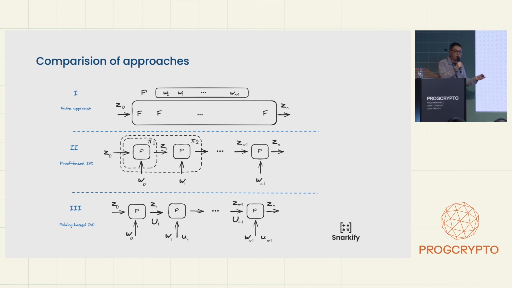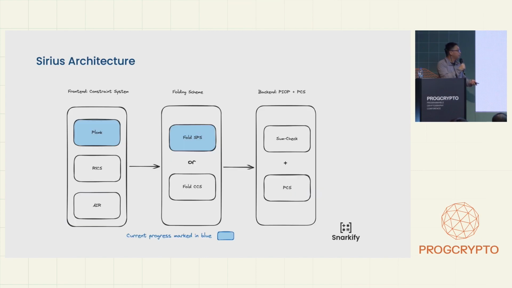Whenever you fold the previous circuit's information into the running accumulator, the accumulator consists of all the information from previous steps. With this setup, at each step, you don't have to create the proof. You just have to calculate the witness, as well as the commitment, to get the instance. So this is less overhead for each step. And this is what we are going to use.